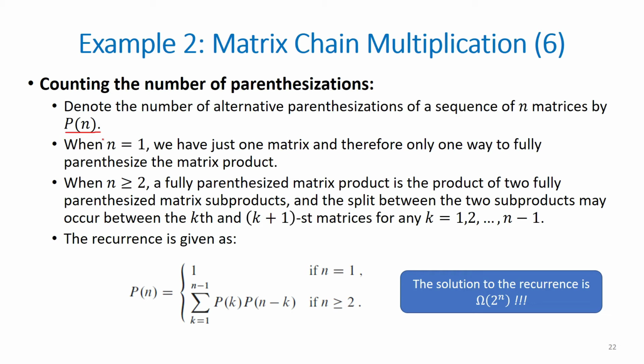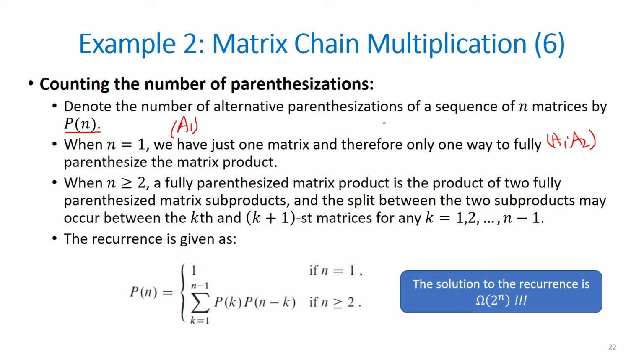Therefore, if we have one matrix, there is only one way to parenthesize it, and that is A1 with parentheses. If n is equal to 2, then we again have only one way to pairwise parenthesize it, and that is A1 times A2, and putting both of them in parentheses.